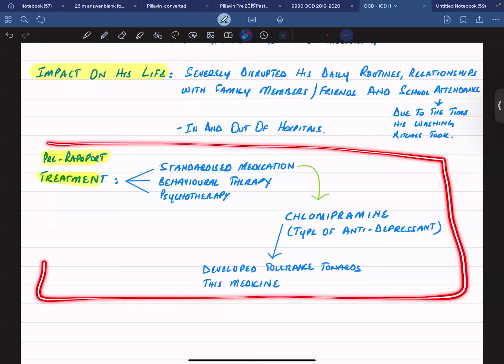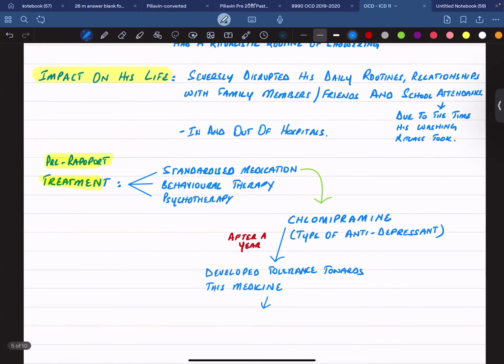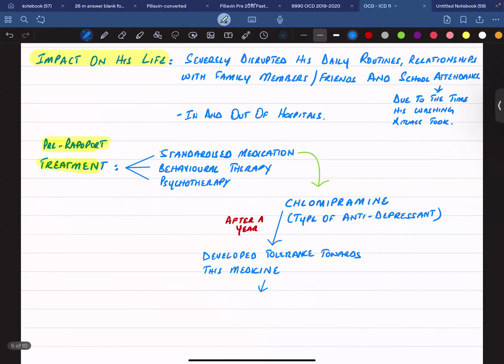So despite these measures being taken, it was just a matter of time. It was just after a year that the medicine's effect started reducing, which consequently led to a relapse.